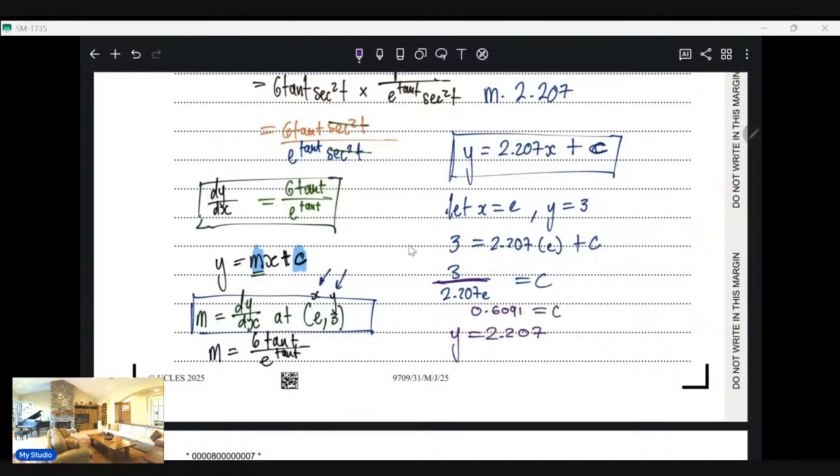Let's see. So it's 2.207x plus 0.6091. This is going to be a potential solution. Can you check for us what solution you get? You're supposed to have... Although usually A level uses fractions instead of decimals.